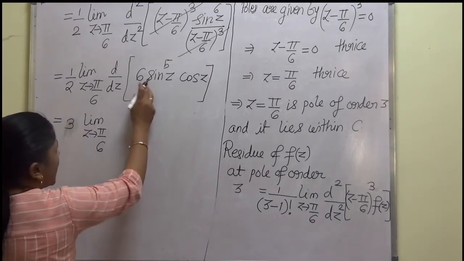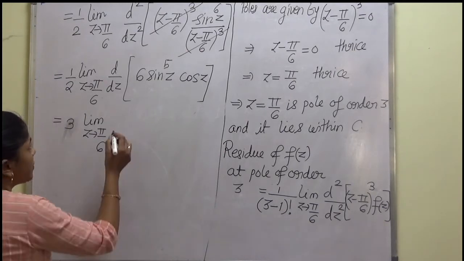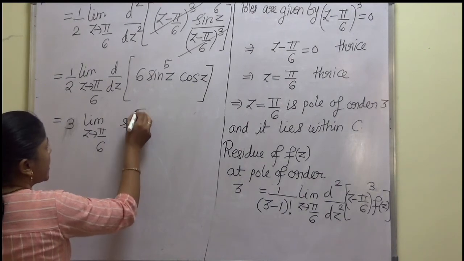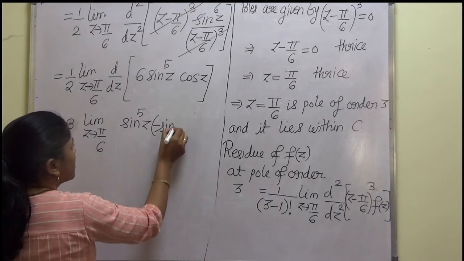Now apply the product rule. First function is sine to the power 5z into the derivative of cos z, which is minus sin z.